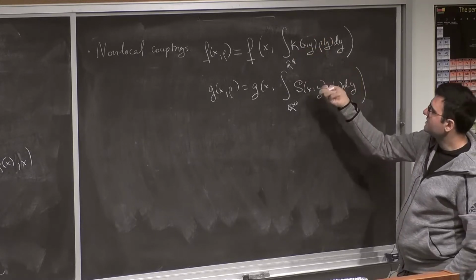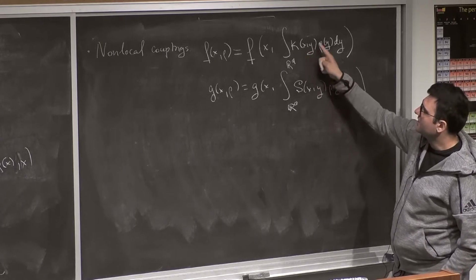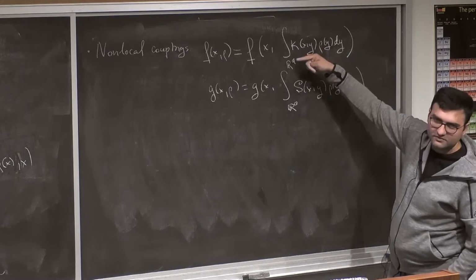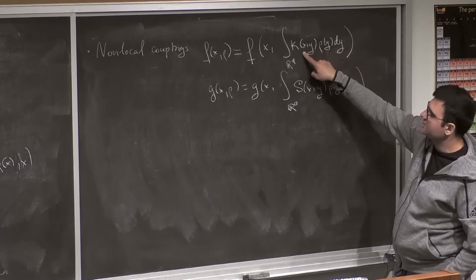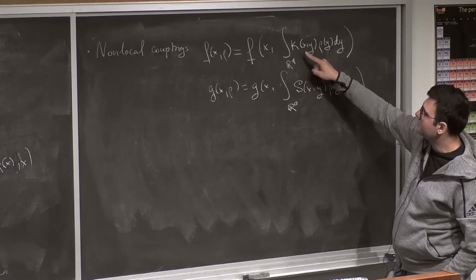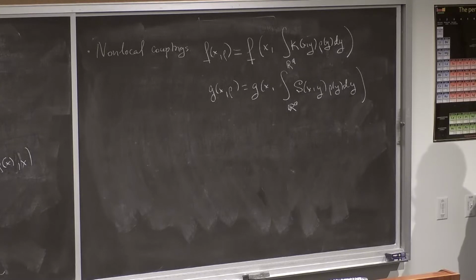So basically there is an interaction weight, and we're calculating the aggregate effect of players at position Y on the player at position X by just accumulating this cost along the population.